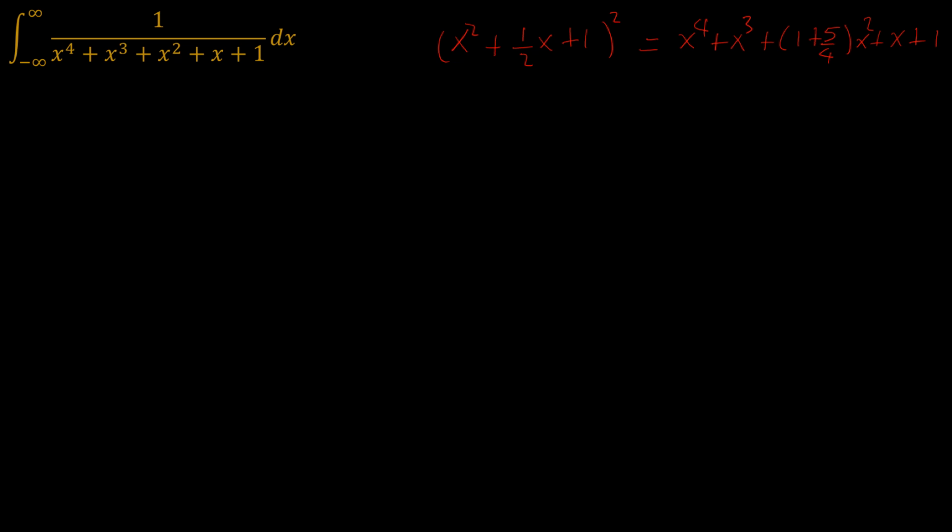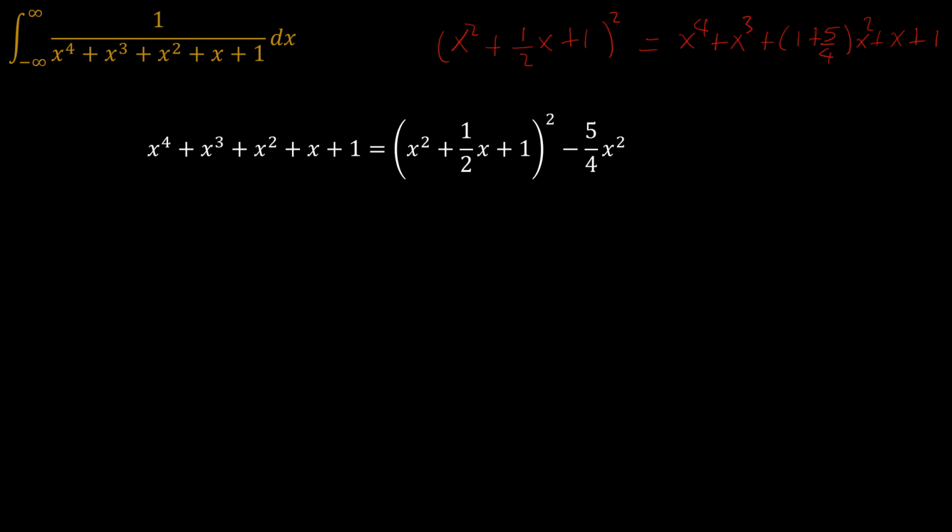And so x to the power 4 plus x cubed plus x squared plus x plus 1 is the same as x squared plus a half x plus 1, squared, minus 5 over 4 x squared, right? So that's one thing we can do.